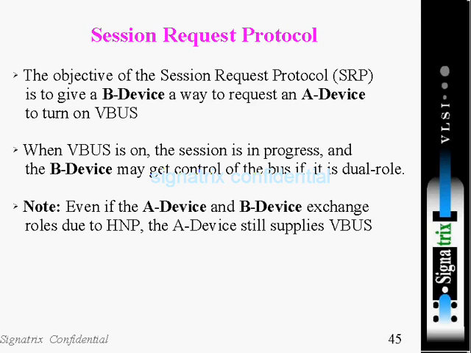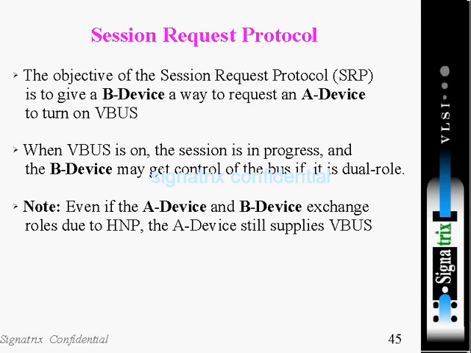See, if your B device is self-powered, in that case also the device needs to take power from the bus. Actually, B device will act as a default slave. In that case, it will not drive the bus.